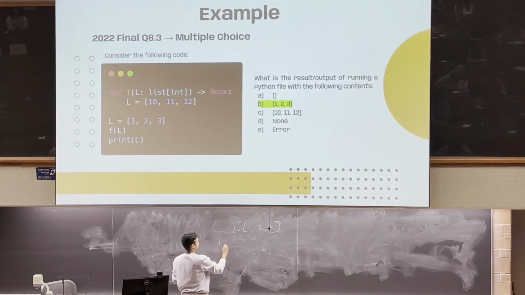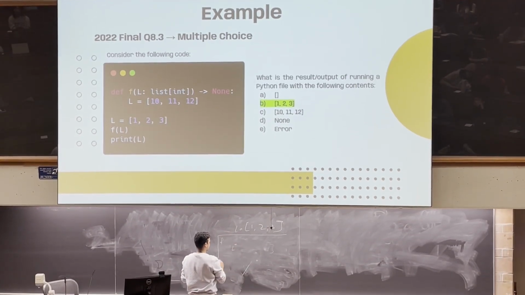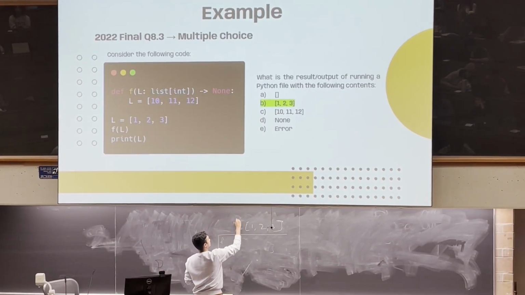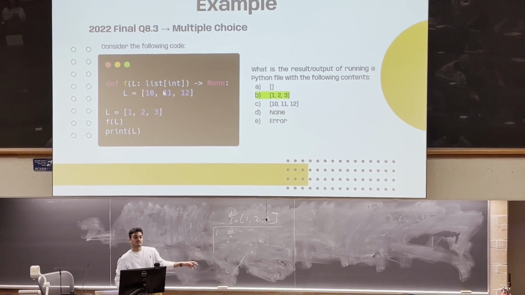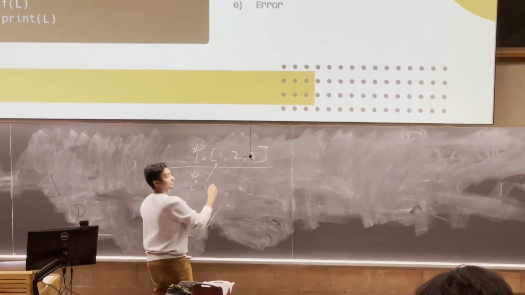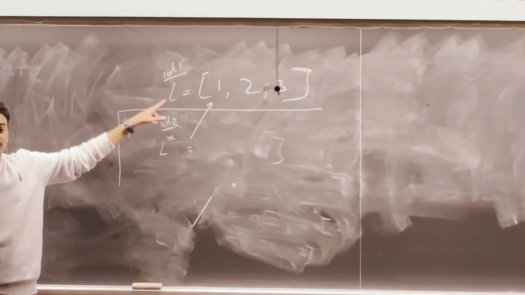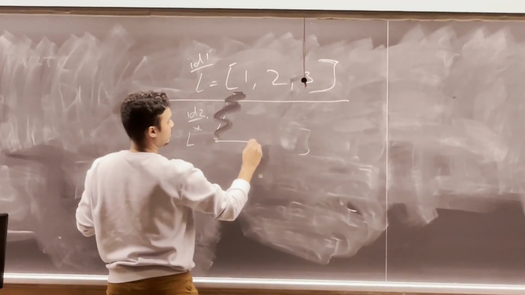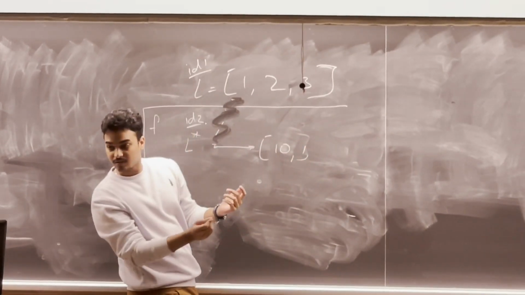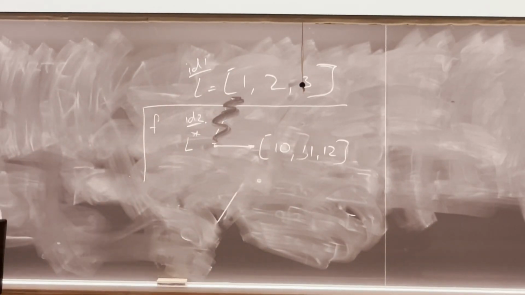Let's call this F. I'll call this L. So when we pass the same array, L equals 1, 2, 3, inside the function we have L star equaling this, right? This variable is not the same as L. And inside the function, L is being manipulated to point to a new array of 10, 11, 12, right? And you observe that the function does not return anything.